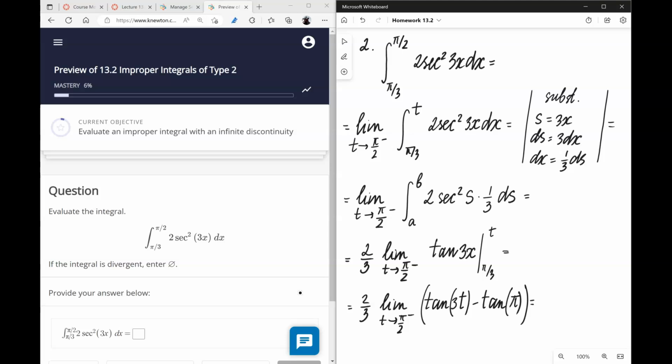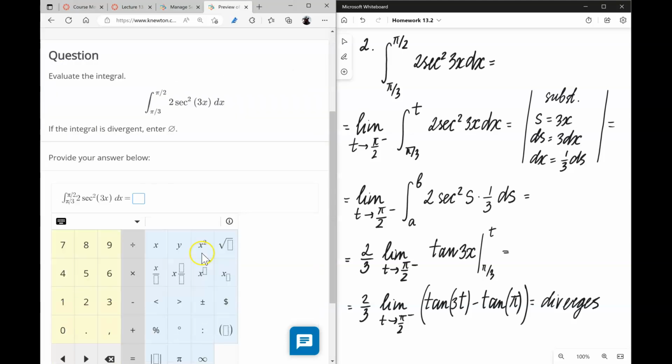Tangent 3 pi over 2 is equal to sine 3 pi over 2, which is negative 1, over cosine 3 pi over 2, which is 0. So we have negative 1 divided by 0, and we don't have to really get involved in the signs, whether it's plus or minus infinity. That's what we learned. That's going to be enough for us to conclude that the integral diverges.